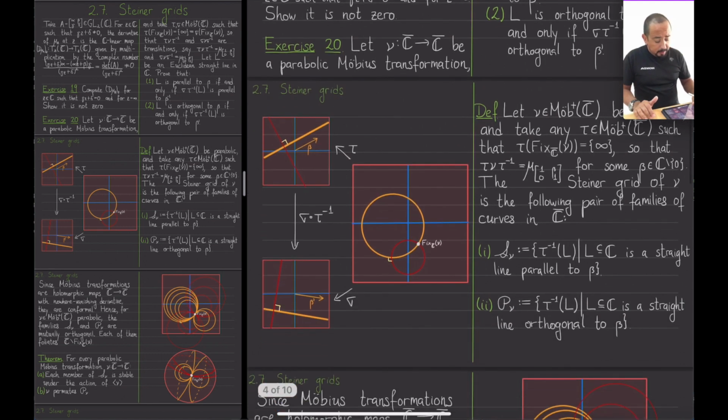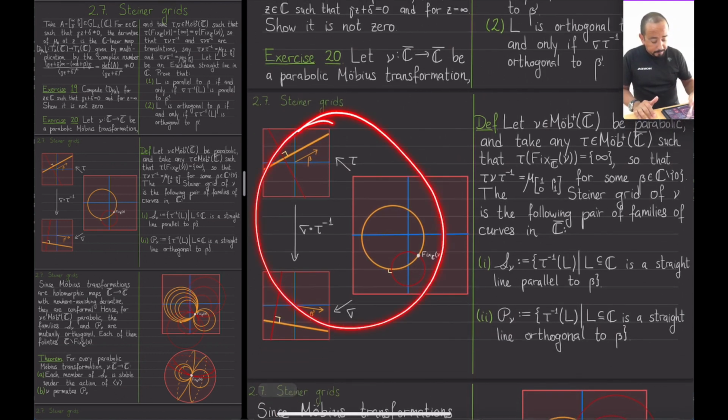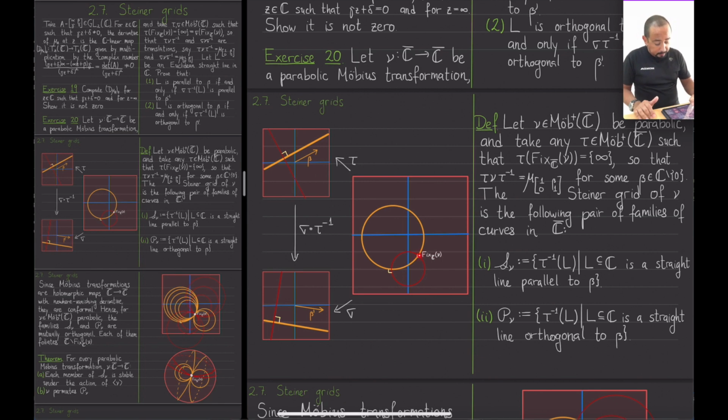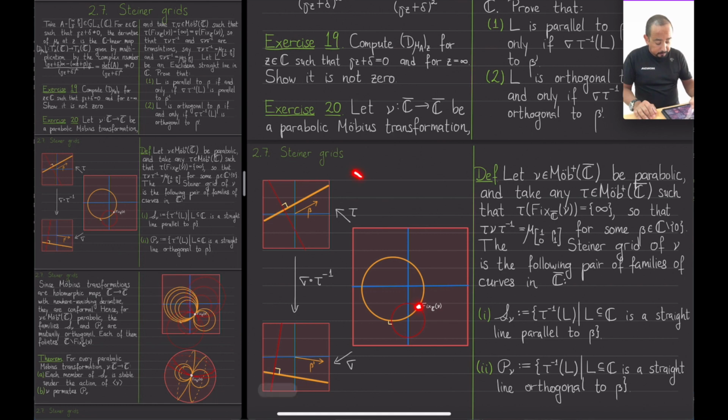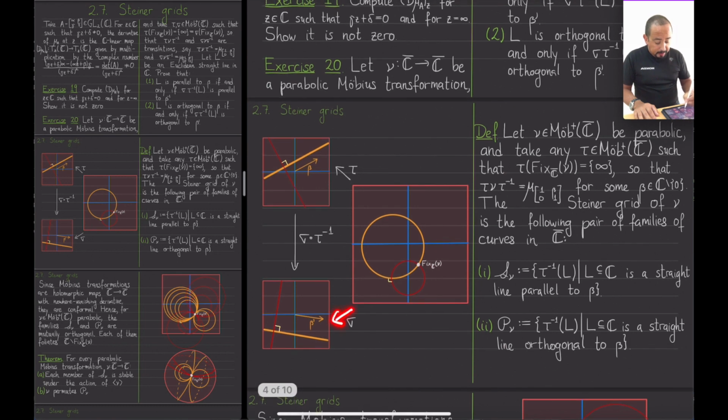You can see the picture here. Here I have the fixed point of my parabolic transformation, and when I apply tau, this point is sent to infinity, and tau inverse is translation by this vector beta. Similarly, when I apply sigma, sigma of this point is also infinity, and sigma inverse is translation by this beta prime.